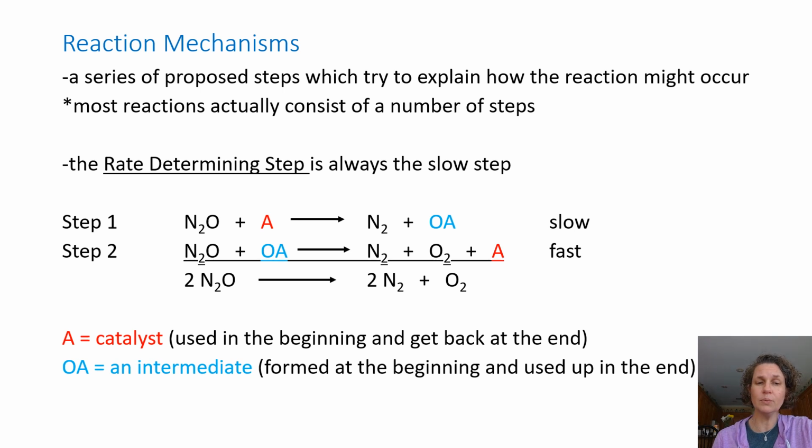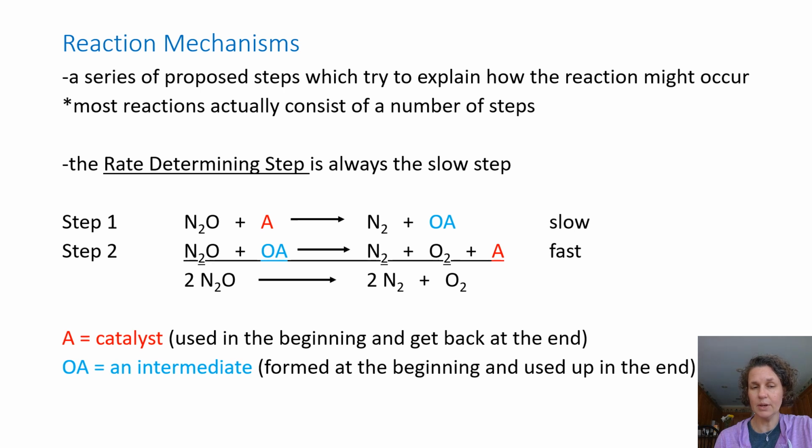So usually when we write reactions that have a catalyst, we would put something over the arrow. In reaction mechanisms, you will always see a catalyst being used in the very first step as one of the reactants. In this equation, I have it written as A. It could be anything. It would be an actual chemical.